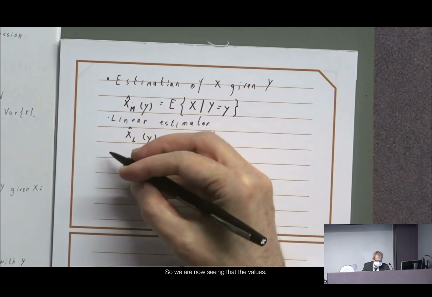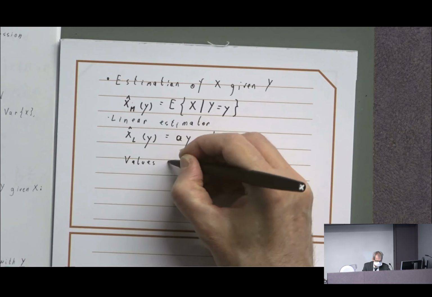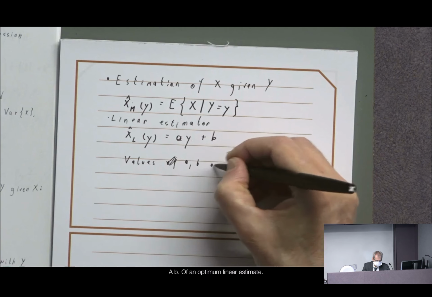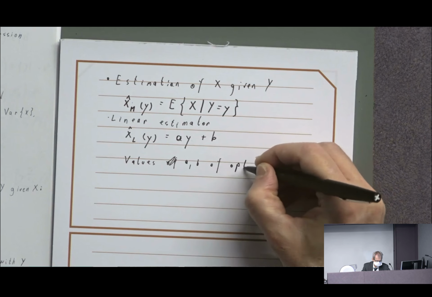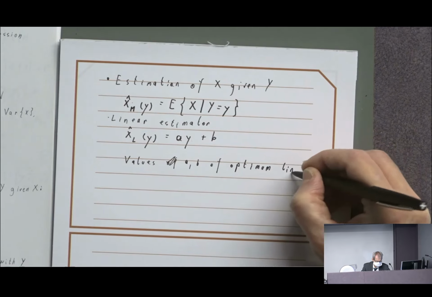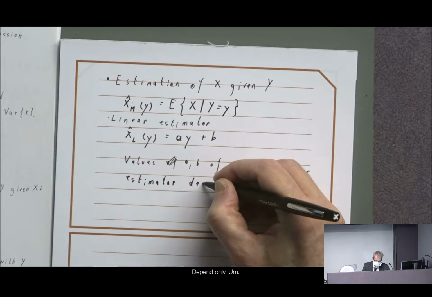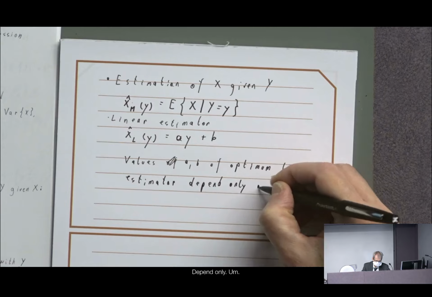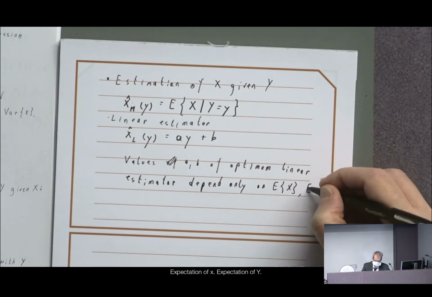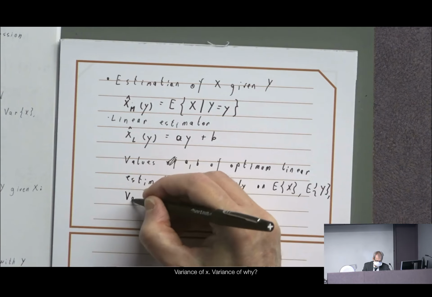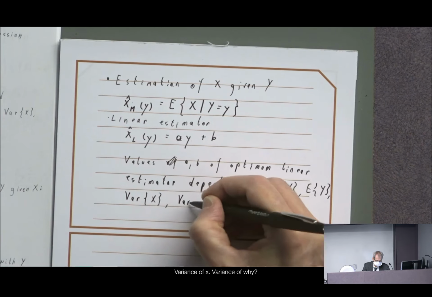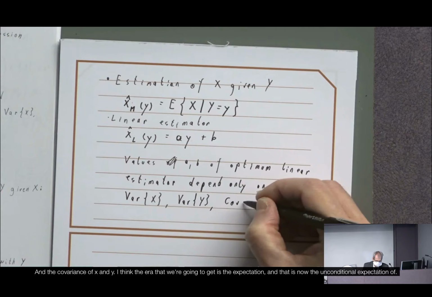So we're now saying that the values a and b of an optimum linear estimator depend only on the expectation of x, expectation of y, variance of x, variance of y, and the covariance of x and y.